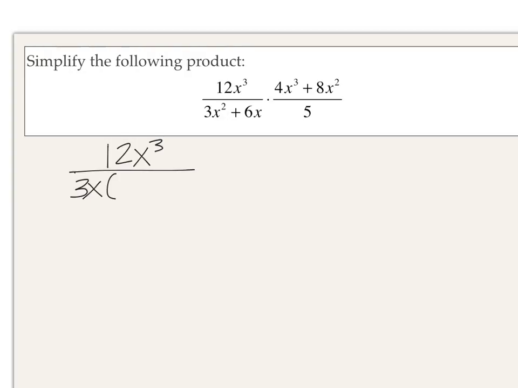Someone whispered it very quietly. Okay, and 3x, to get 3x squared, all I'm missing is one more x. And to get 6x, it's going to be plus 2. Times, and now I have 4x cubed and 8x squared, so I can remove a 4x squared. And in my brackets is x plus 2.